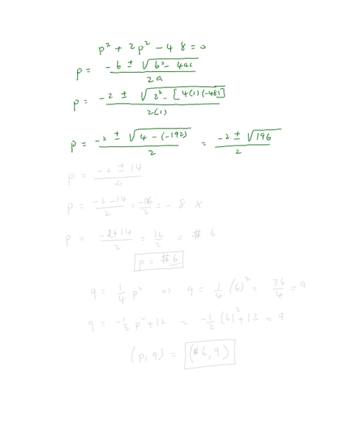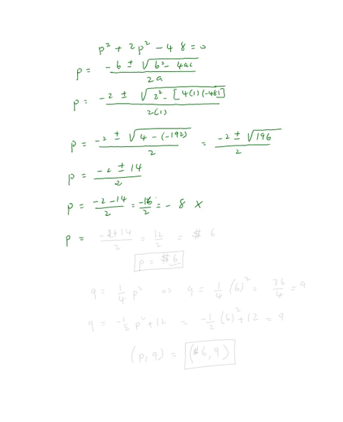The square root of 196 is 14, so p equals minus 2 plus or minus 14 over 2. So we got two values, minus 2 minus 14 over 2, which is negative 16 over 2, which is negative 8. We don't want this one because the price cannot be negative.